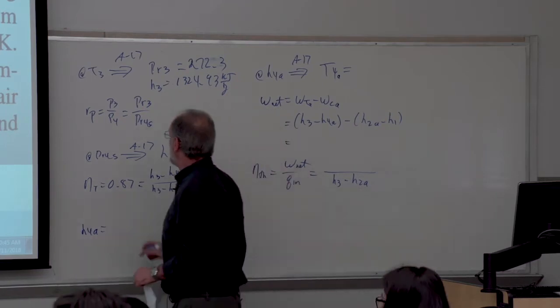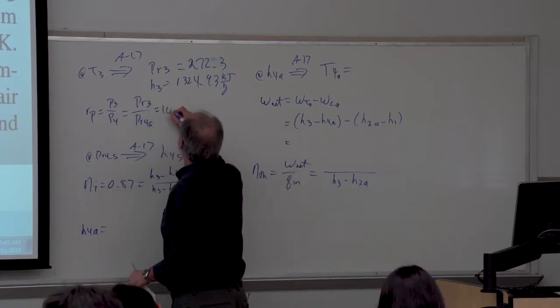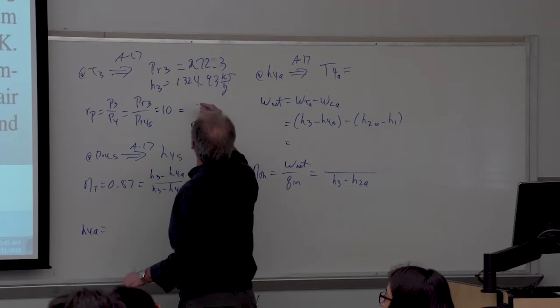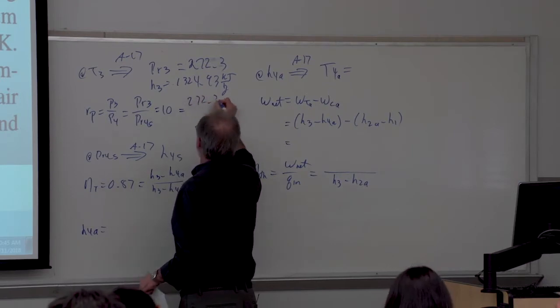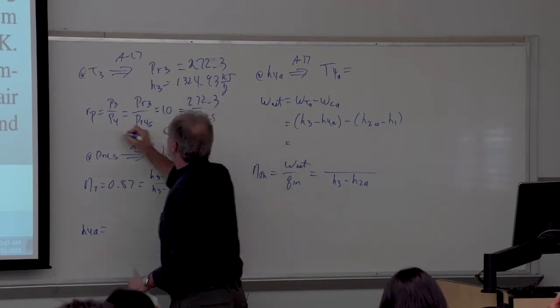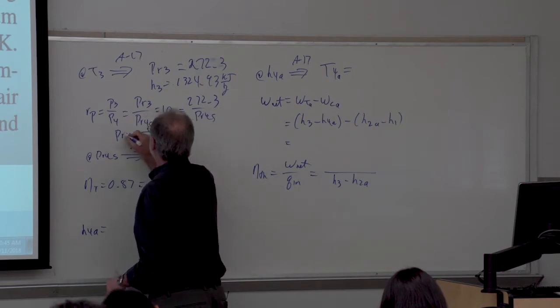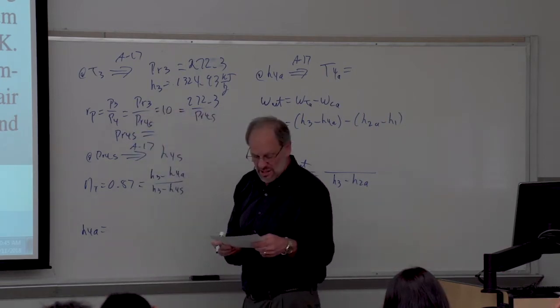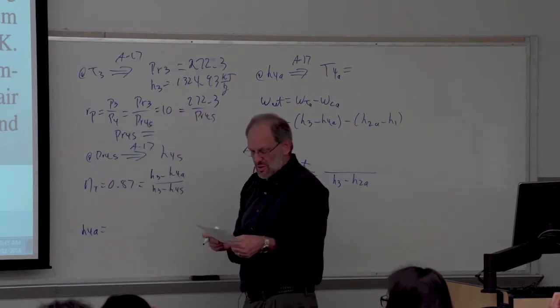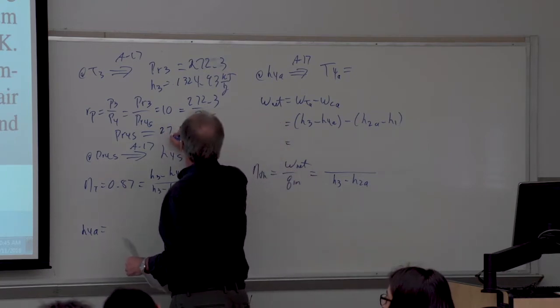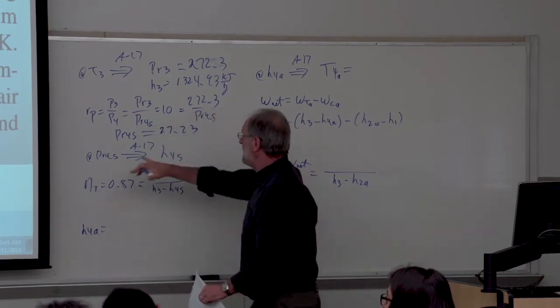So again, we have our pressure ratio. That's equal to 10, as has been given. 272.3 over PR4S. And then PR4S can be calculated pretty easily. And this is just going to be 27.23. And then we go into our table.